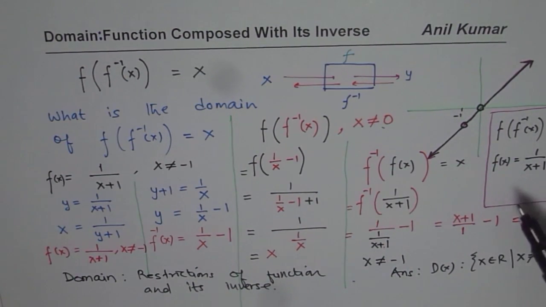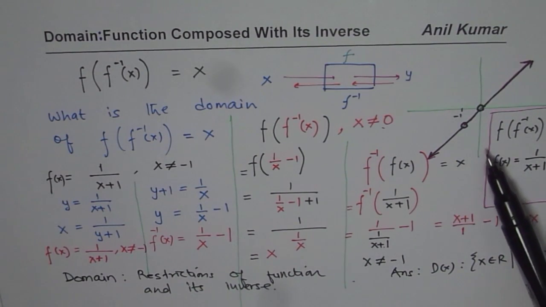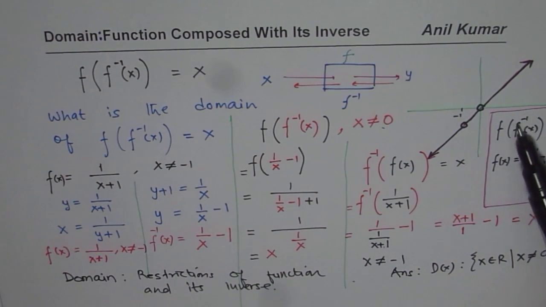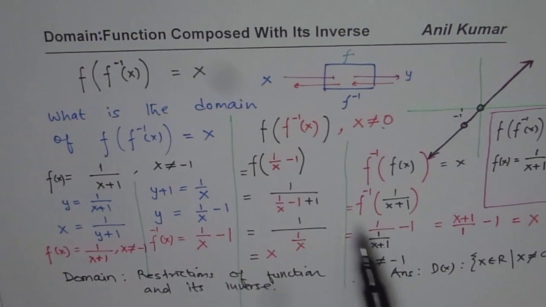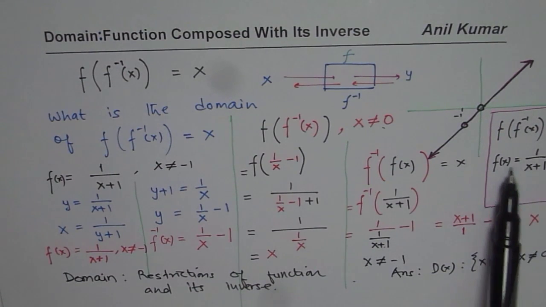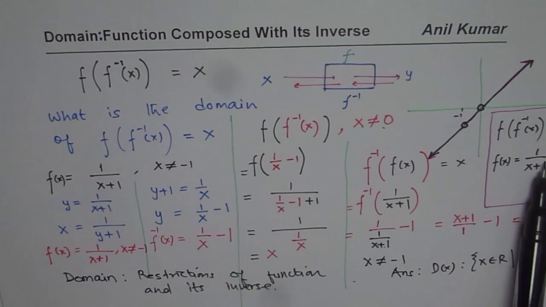So if the question is, what is the domain of f of f inverse x, where f of x is equal to 1 over x plus 1, then all this shows that we have to look for restrictions on the function itself and also on its inverse.